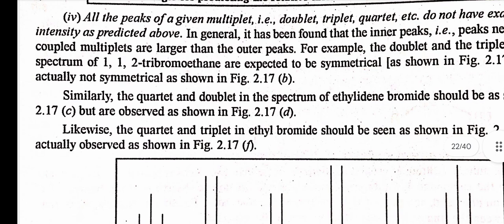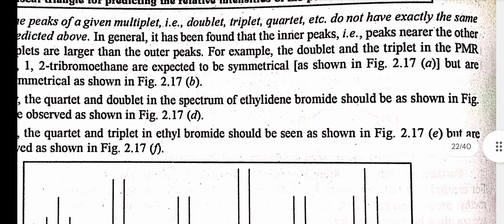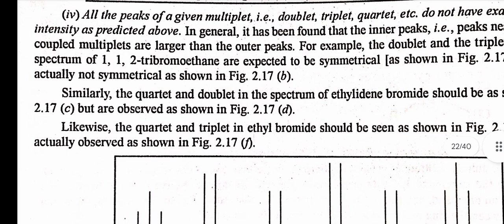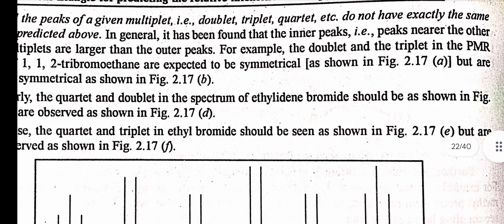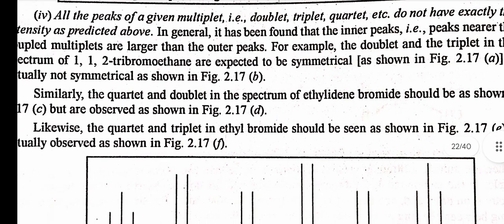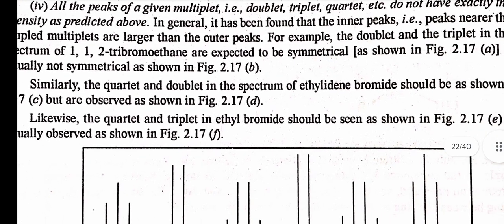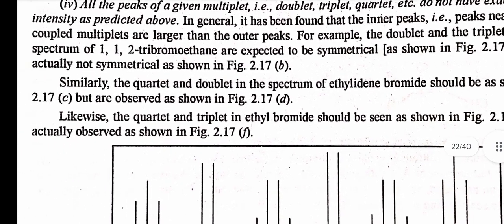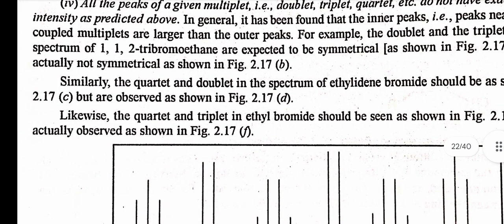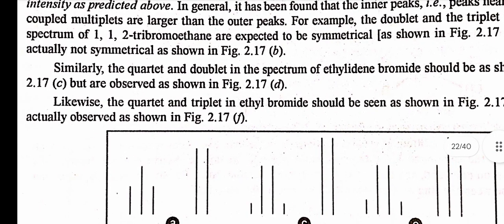All the peaks of a given multiplet, doublet, triplet, quartet, do not have exactly the same intensity as predicted above. In general, it has been found that the inner peaks, meaning peaks nearer the other coupled multiplet, are larger than the outer peaks. For example, the doublet and the triplet in the PMR spectrum of 1,1,2-tribromoethane are expected to be symmetrical, but are actually not symmetrical.